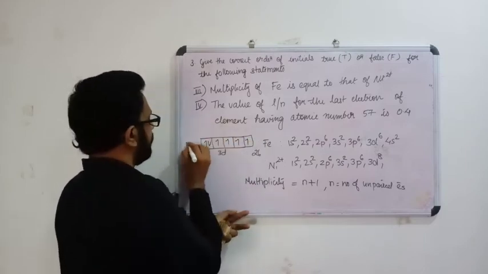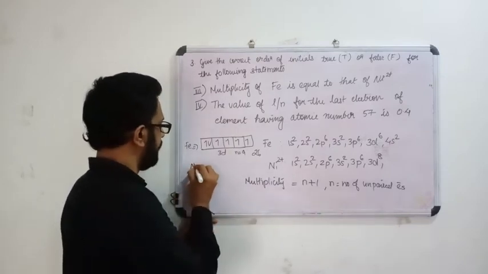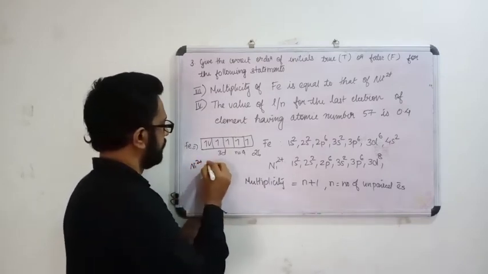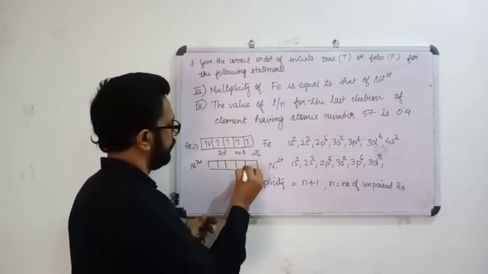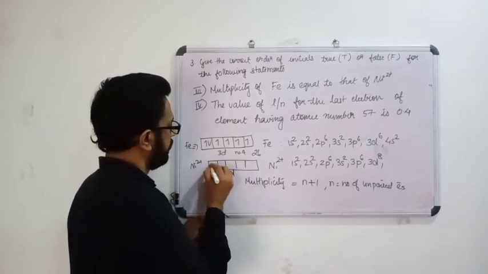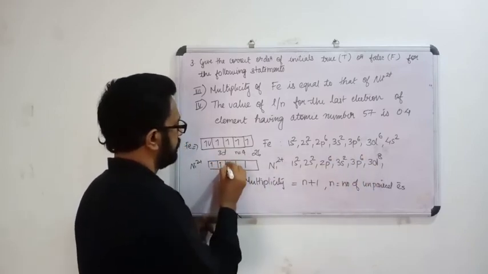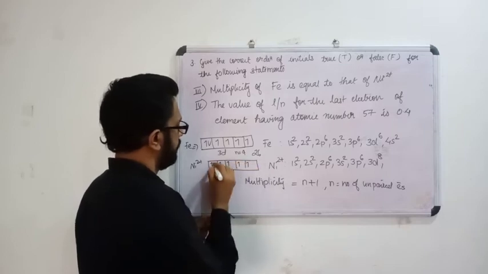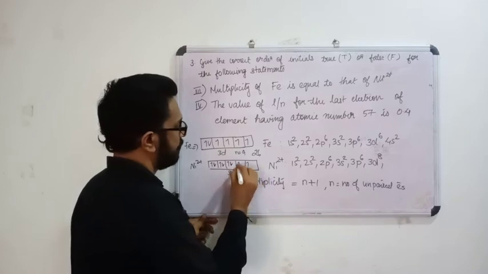So this is for Fe. For Ni2+, the 3d orbital looks like this, and we have 8 electrons: 1, 2, 3, 4, 5, 6, 7, 8. So here n is equal to 2.